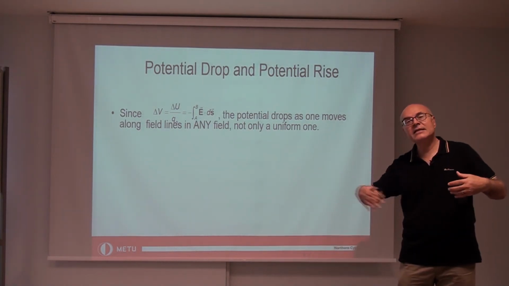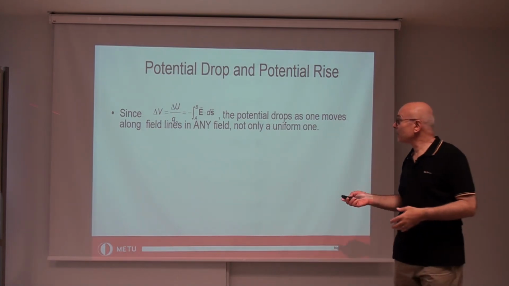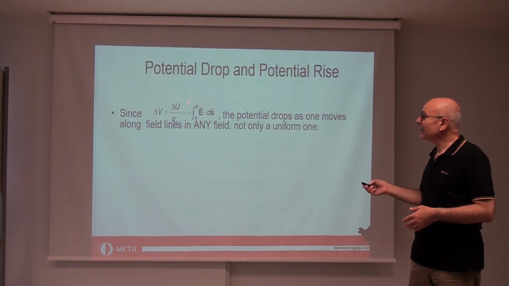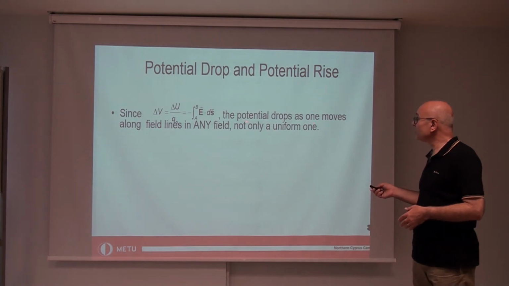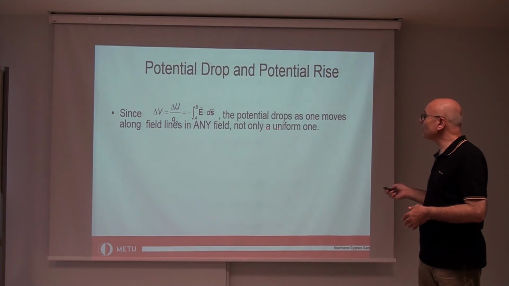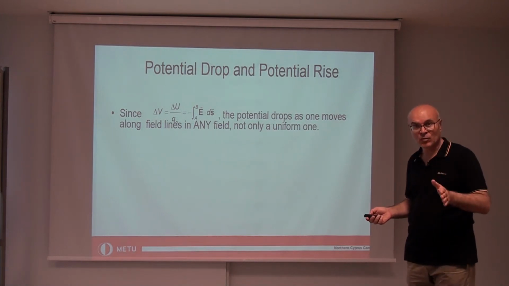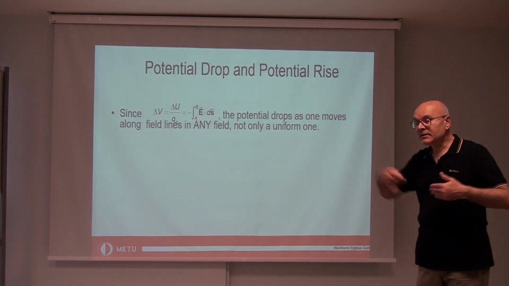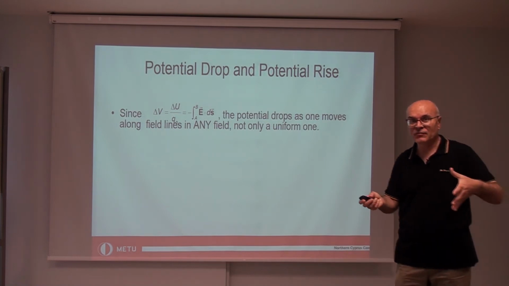So B is down the field with respect to A, even if that field is not uniform. But because of this expression, and the fact that this is path independent, then the potential drops always as one moves along field lines in any field, not only a uniform field. So this is a very general rule. Again, point B is down the field lines in comparison to A. The field need not be uniform.